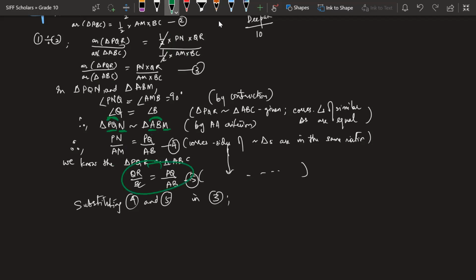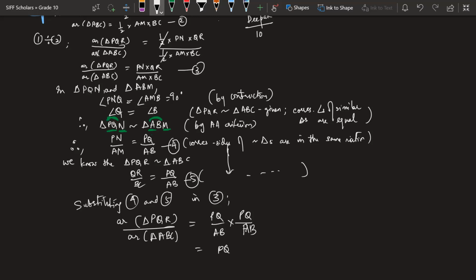From equation 5 I am taking this here, and I'm going to put both of these in 3. So what I'll get in equation 3 is area of triangle PQR by area of triangle ABC is equal to PQ by AB into PQ by AB. That is basically PQ by AB the whole square.